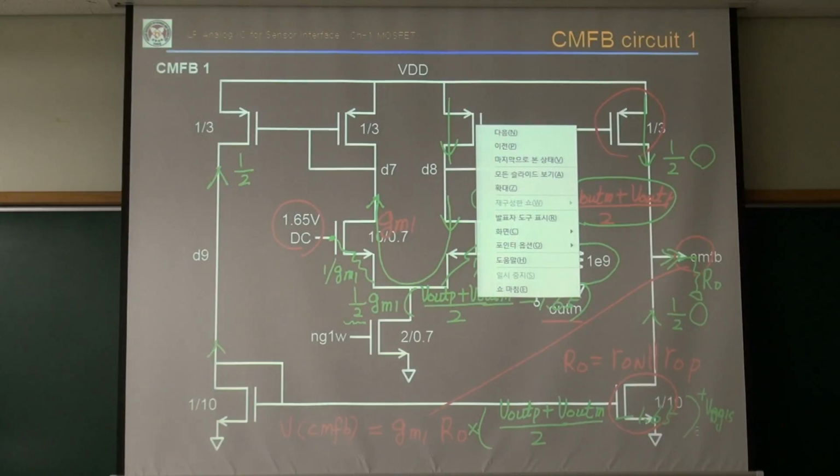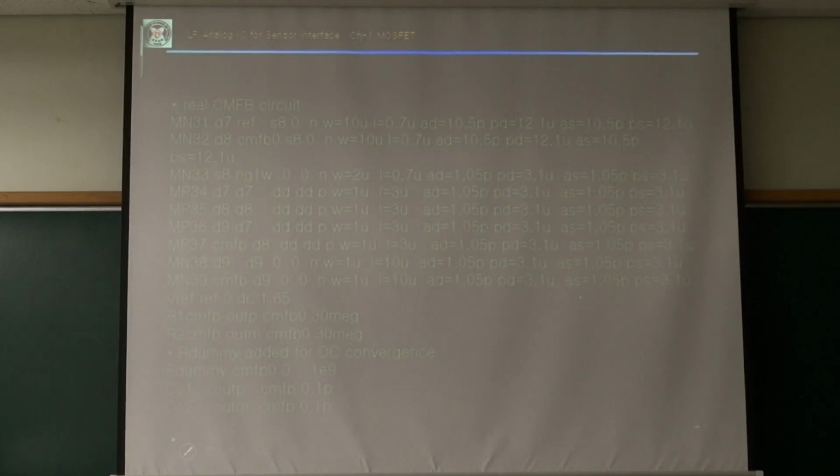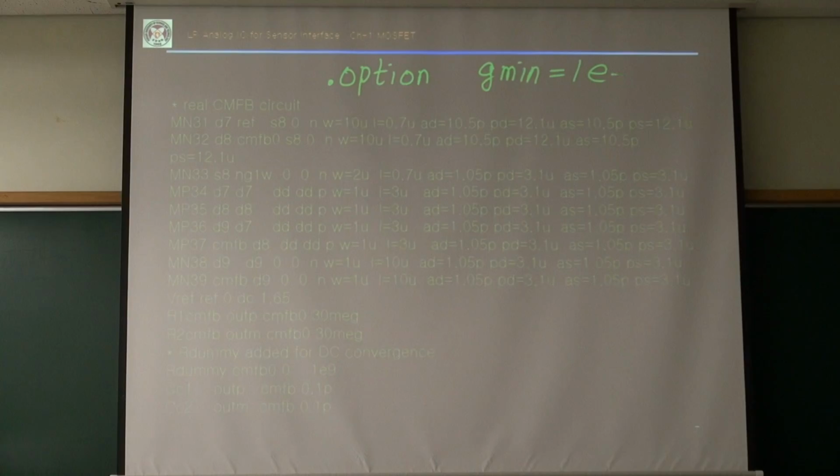Another technique is, see, we are already using it. See, there is something like dot option G min equal 1e minus 9.